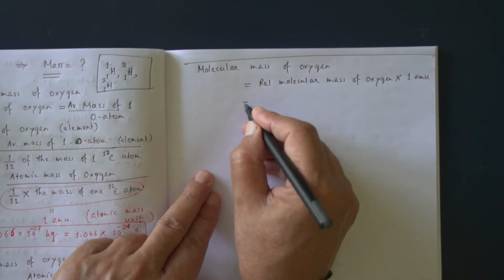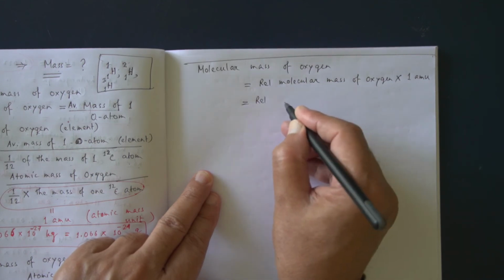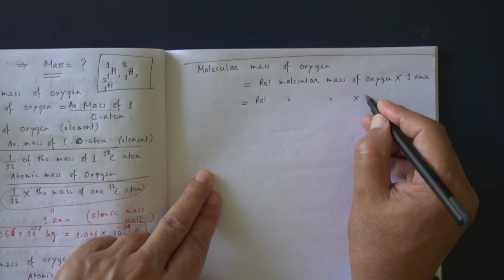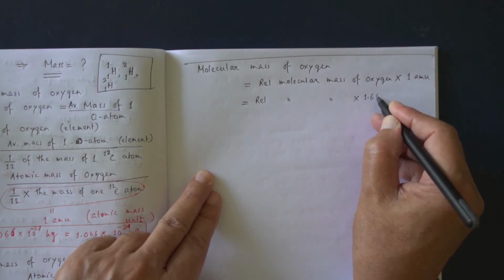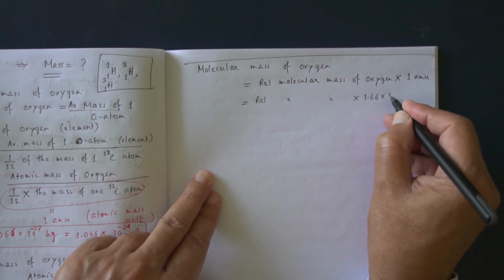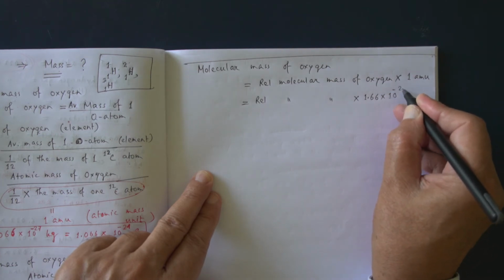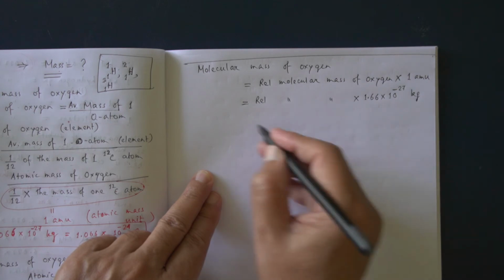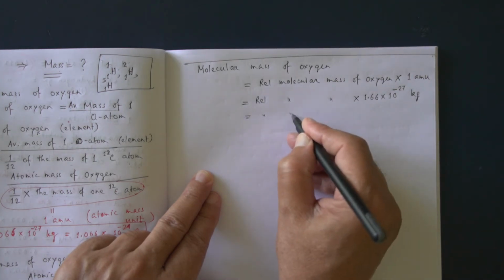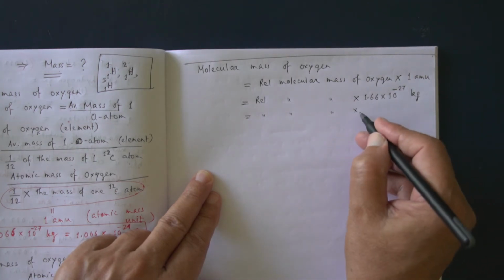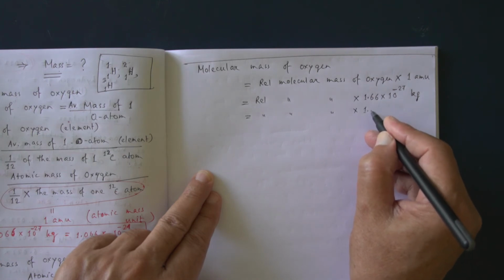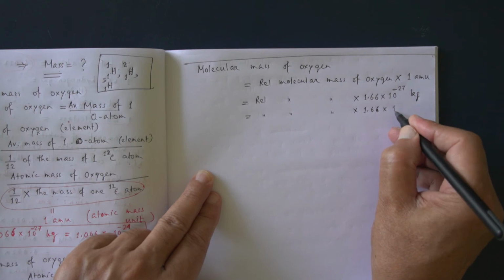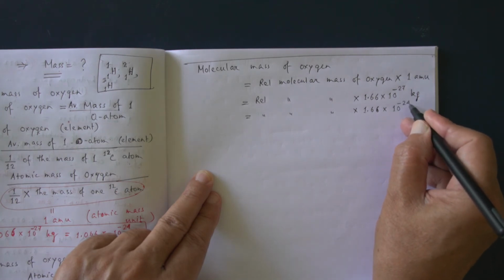And another thing we can write is relative molecular mass into 1.66 10 to the power -27 kg, or this is equal to relative molecular mass into 1.66 10 to the power -24 gram.